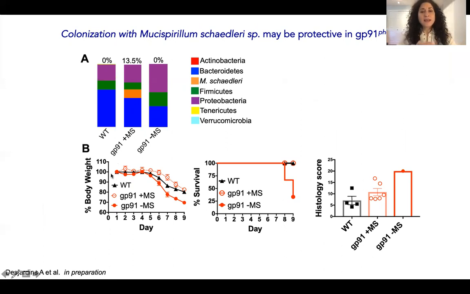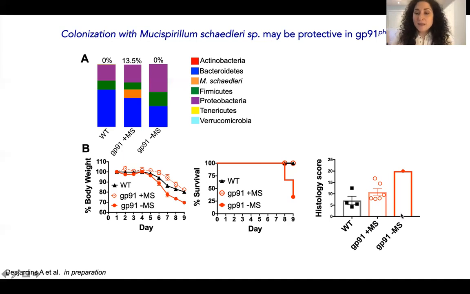And what we find, again, in the DSS colitis model is that Mucispirillum schaedleri colonized GP91 knockout mice lose the least amount of weight, even a little bit less than wild-type mice, whereas the GP91 mice that are not colonized lose the most weight. We also found that GP91 mice not colonized with Mucispirillum schaedleri had increased mortality, which was not the case with those that were colonized.